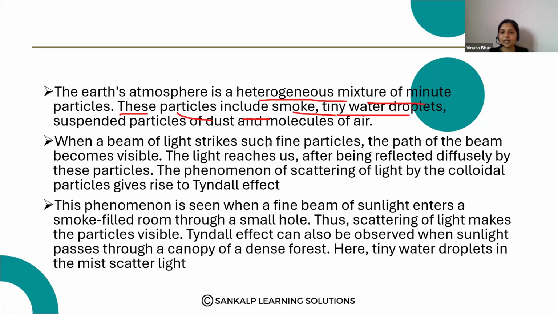When a beam of light strikes such fine particles, the path of the beam becomes visible. The light reaches us after being reflected diffusely by these particles. So the phenomenon of scattering of light by the colloidal particles gives rise to the Tyndall effect.